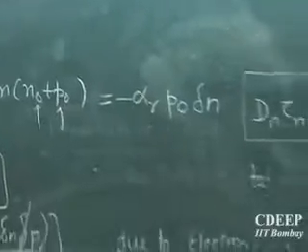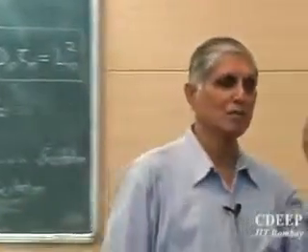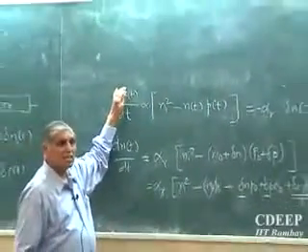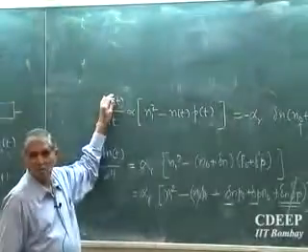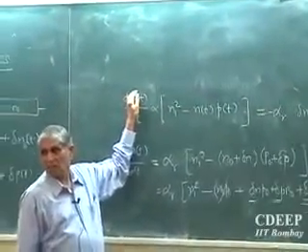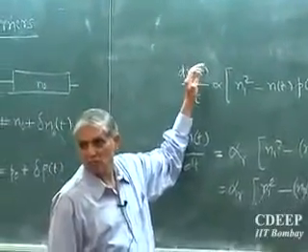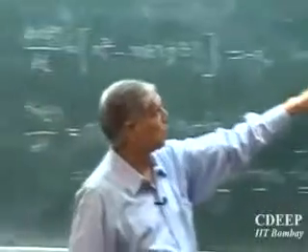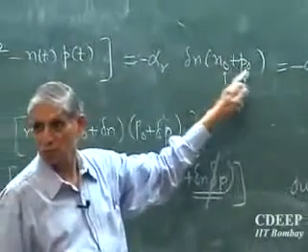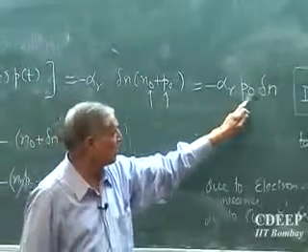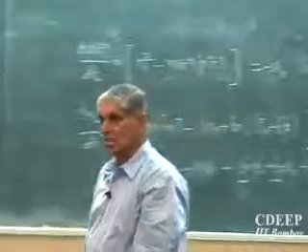In an n-type semiconductor, electrons dominate; in a p-type semiconductor, holes dominate. And which carriers are we talking about here? This was a p-type material. Which carriers' decay was I more interested in? Minority. Which are minority in p-type? Electrons. So I am looking for electrons, which are minority in p-type. So p0 is larger than n0 because it's a p-type material, so I neglect n0 in this term. So I get minus alpha r p0 into delta n.